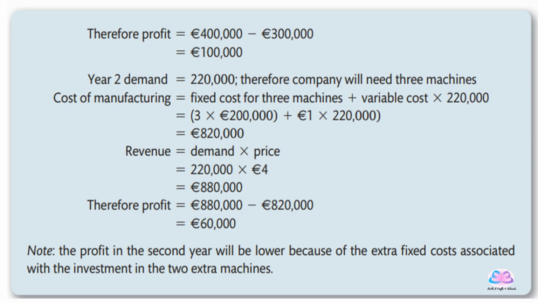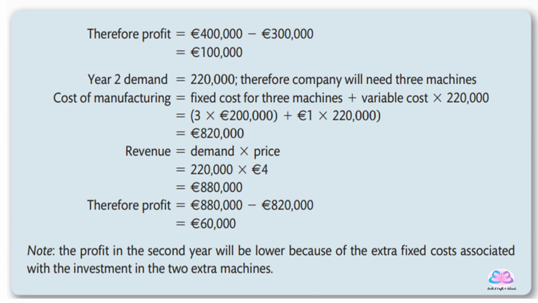So you add 3 times 200,000, which is 600,000, plus 1 times 220,000, which is 820,000.